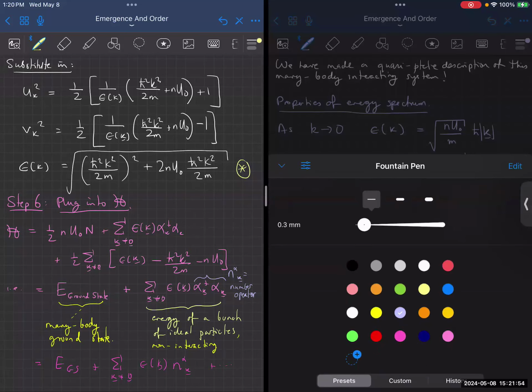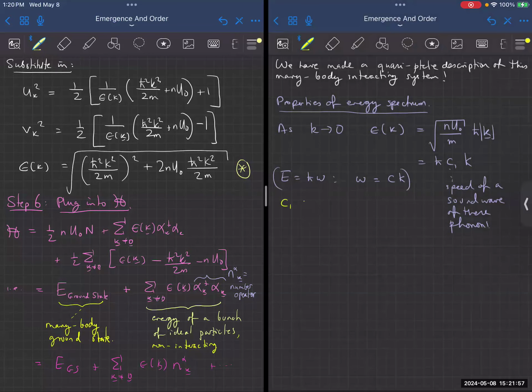And I can read off that the speed of sound is equal to the square root of n u naught over m.